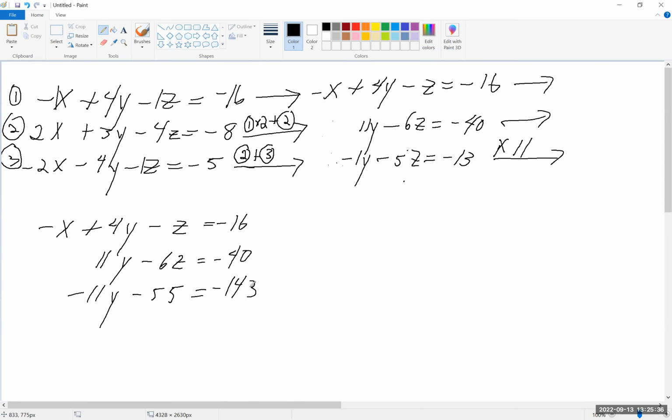Any questions so far? Would it be 55Z or we got rid of the Z? I just saw that too. It should be in there. So the signs are negative, negative, negative, negative, negative. Okay, so now leave this alone. Leave that alone.